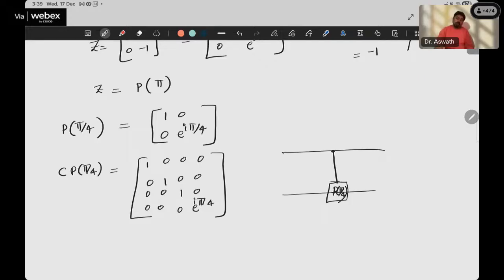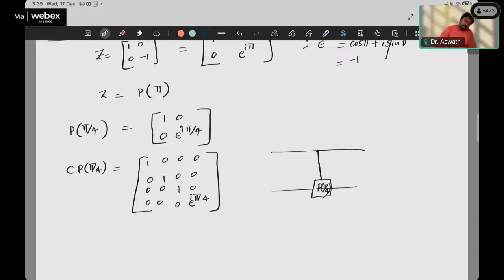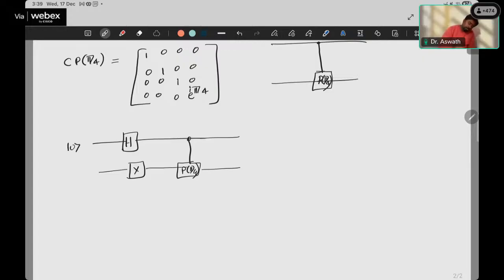Okay, fine. So now we are understanding the Hadamard, the X gate, and then a phase gate. This is what we are trying to understand. This is 0, this is 1. At this point I have an equal superposition. Here I have the 1 ket. Now if I think that this is psi naught, this is psi 1, and this is psi 2.